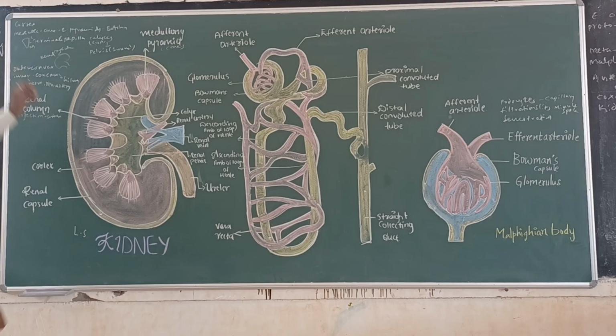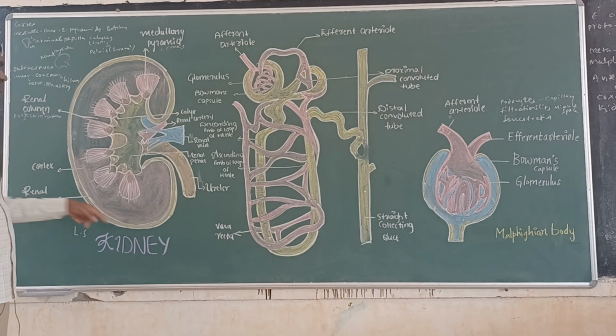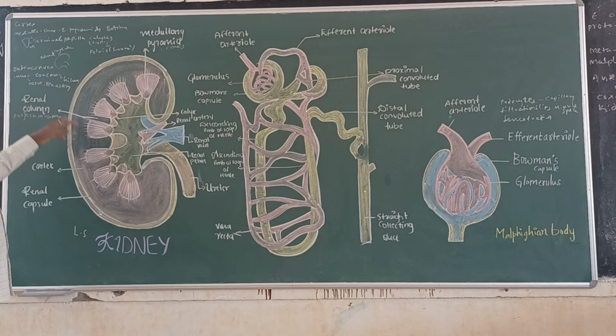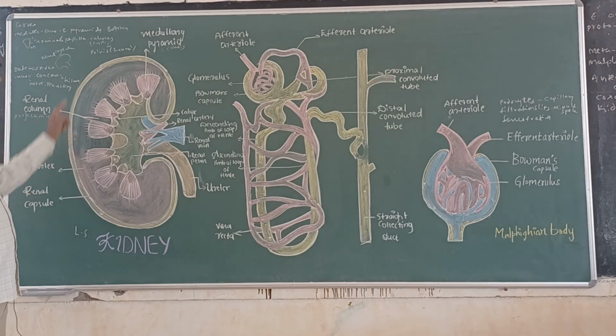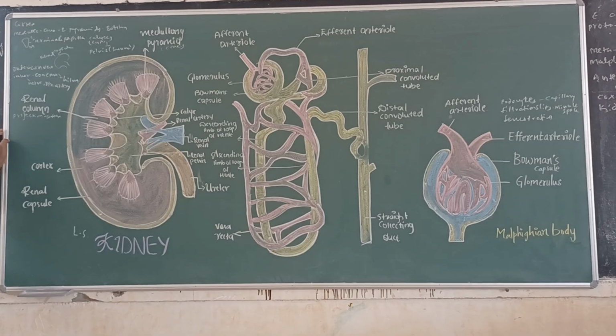This is the structure of the kidney. The outer region is a convex structure, and the inner side is a concave structure. It contains various parts.